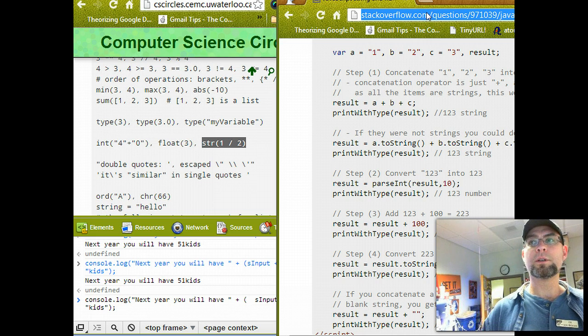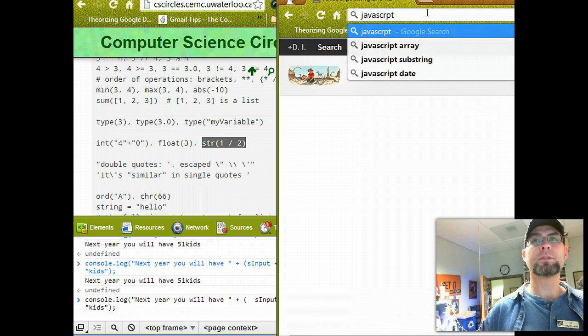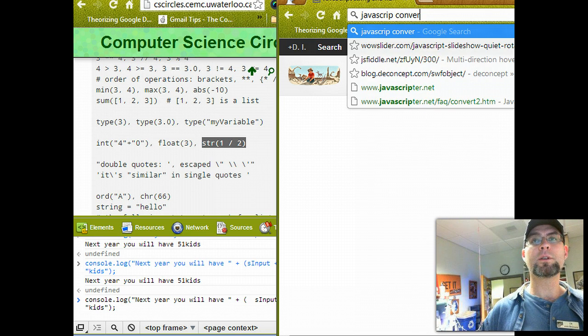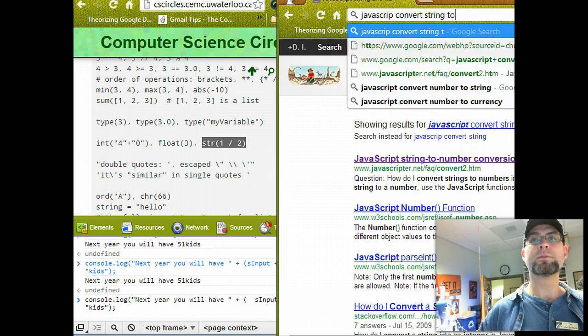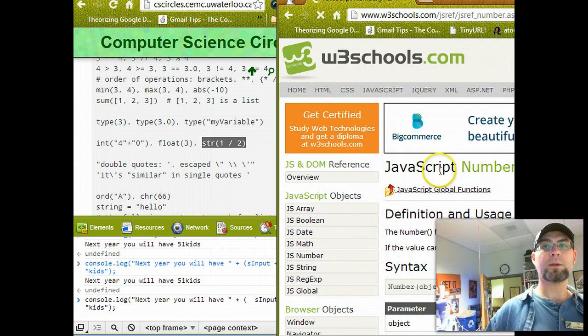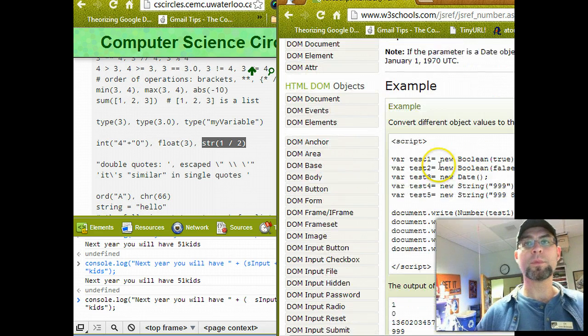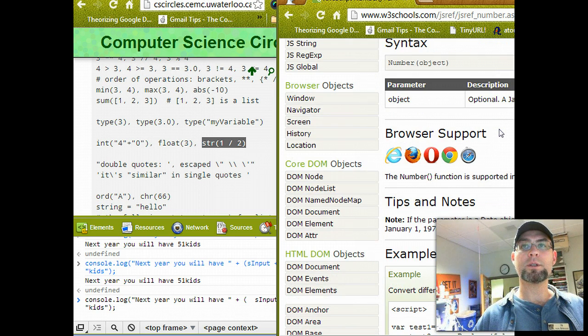So, JavaScript, convert number, string to number. And we did this a minute ago.